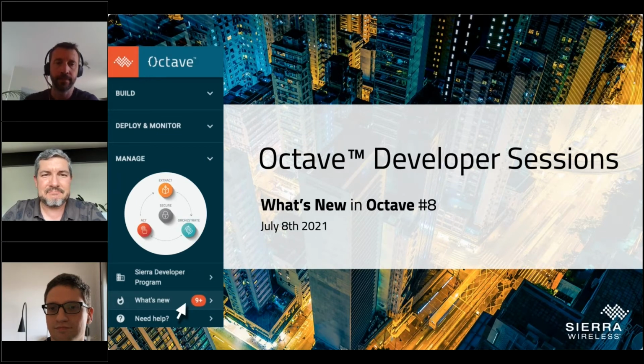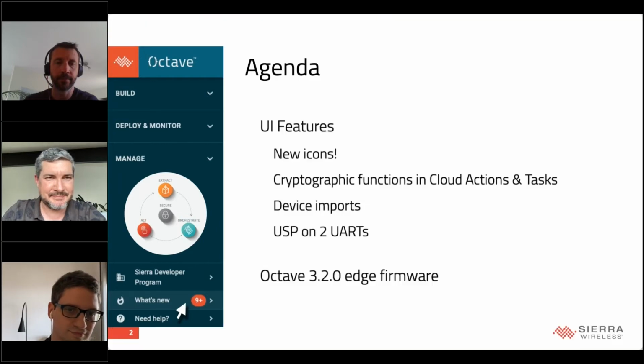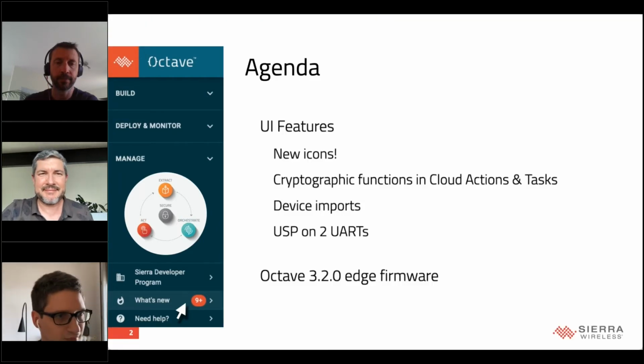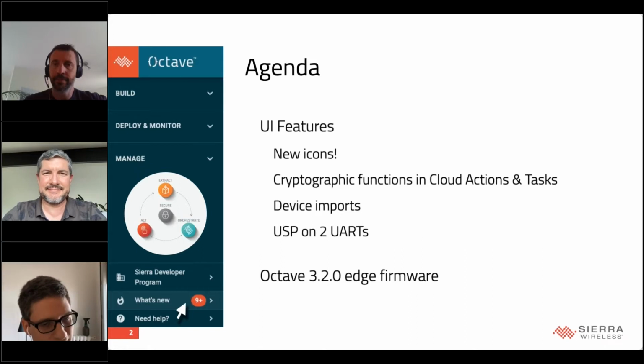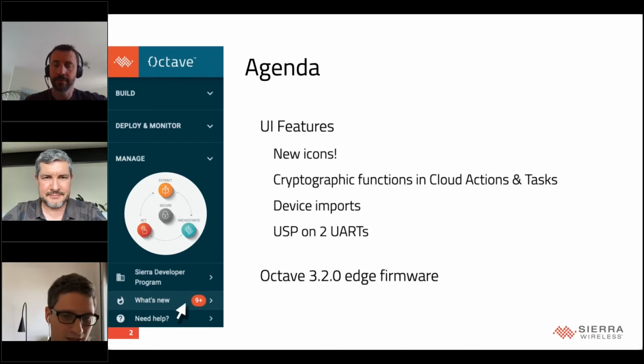All right, without further ado, let's see what's on the agenda for today. Thank you, Thibaut. Okay, so let's start with something that is not really related to your solution, which are icons. Then I'd like to talk about cryptographic functions, which appeared on Cloud Actions and Tasks.